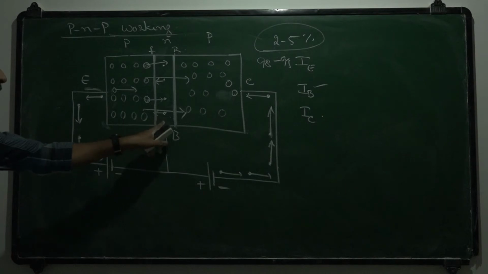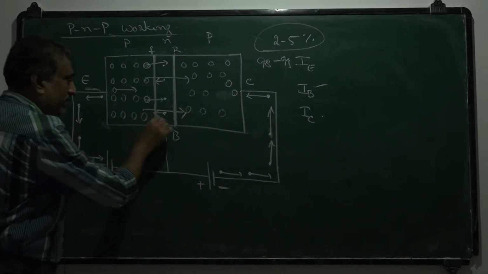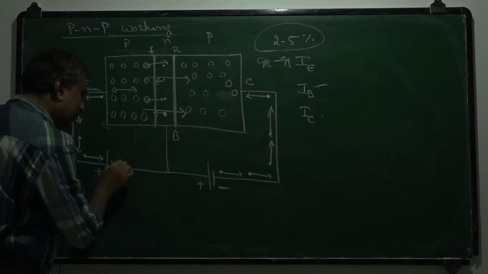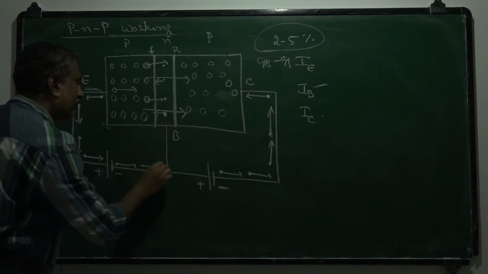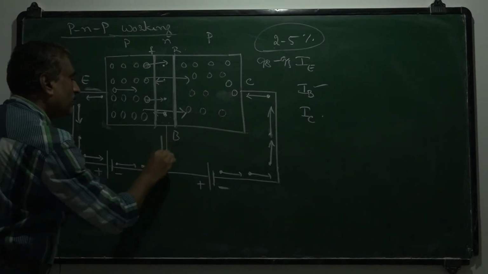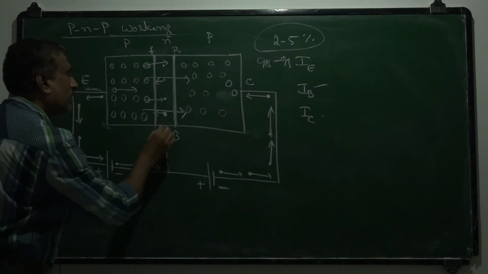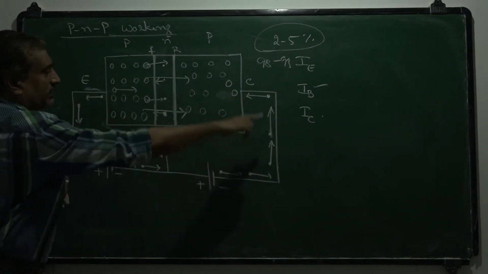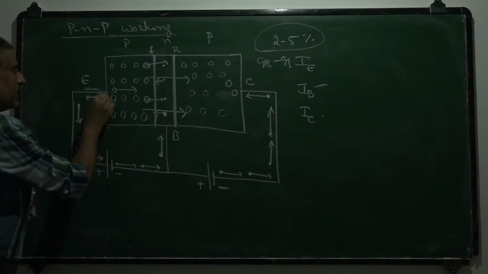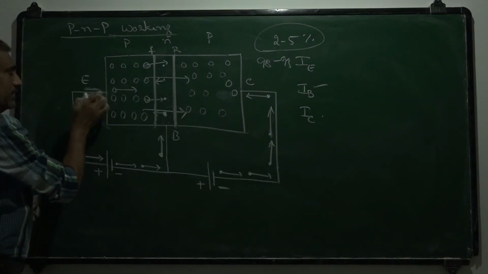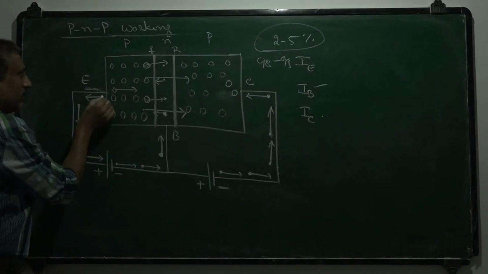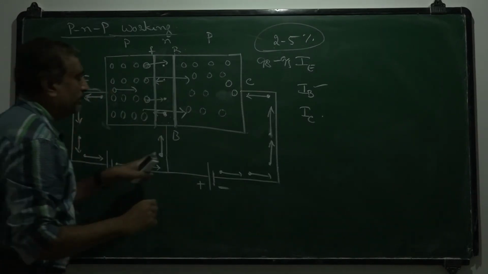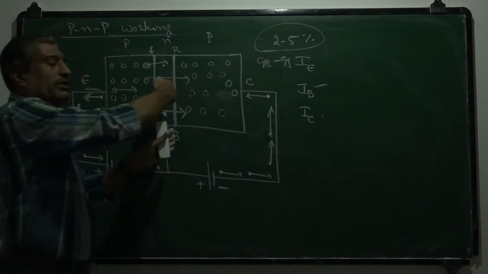Here in the base region also, when the hole recombines with an electron, an electron from this region goes like this so that it combines with the hole. If we observe the currents in the external wires, the emitter current is coming out of the transistor, whereas the base current and collector current are entering the transistor.